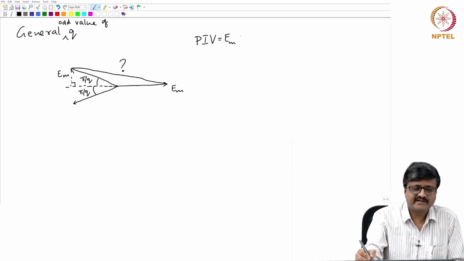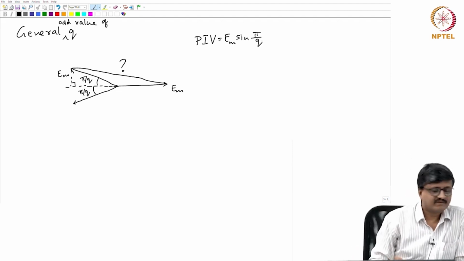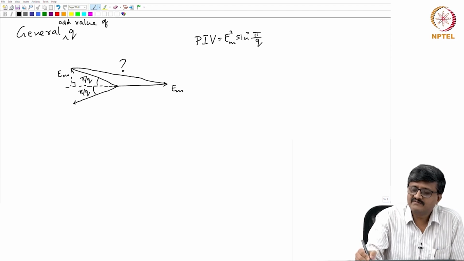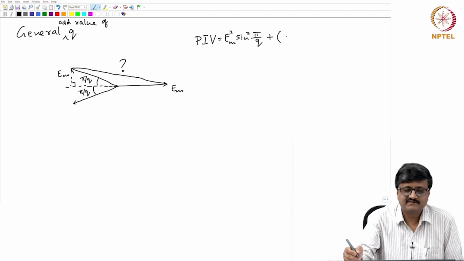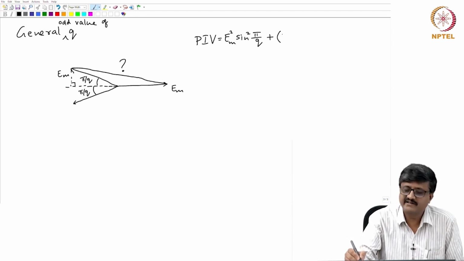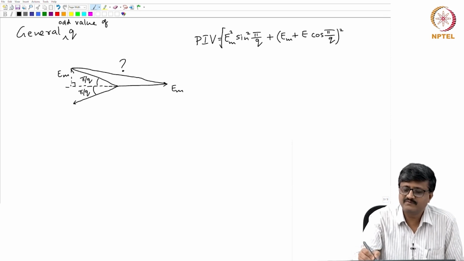One side of the right angle triangle is EM sin pi by Q. I will take the square of this and add it to the square of the other side length of the right angle triangle, that is EM plus EM cos pi by Q, whole square, and take the square root.